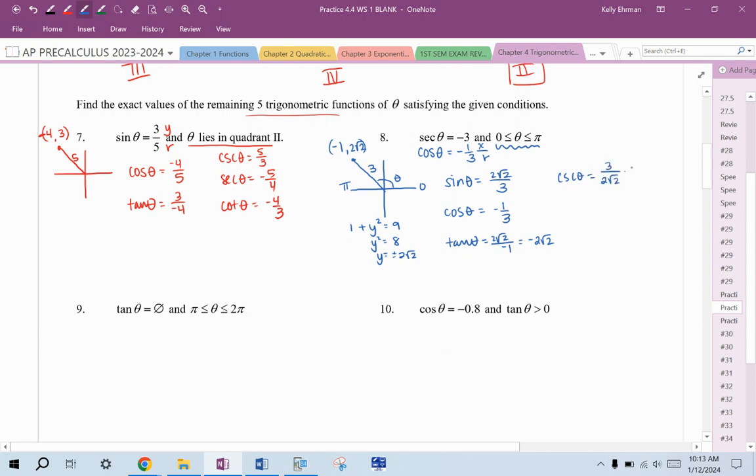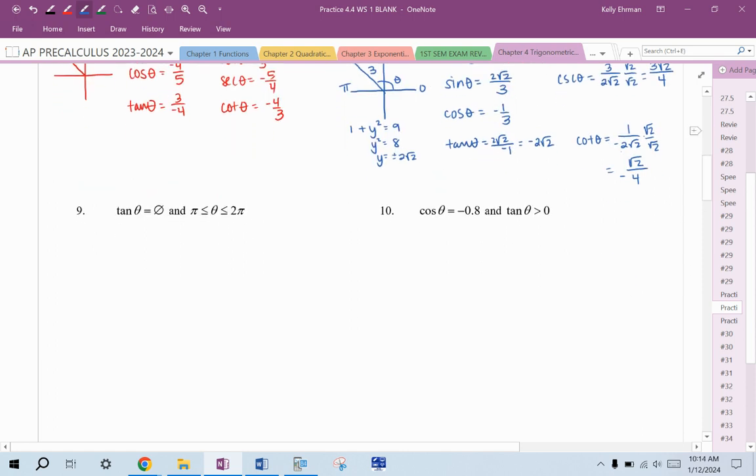So I need to rationalize that. That's 3 radical 2 over 2 times 2, which is 4. We already were given secant. Cotangent theta is 1 over negative 2 radical 2. So rationalize. That's radical 2 over negative 2 times 2 again is 4.